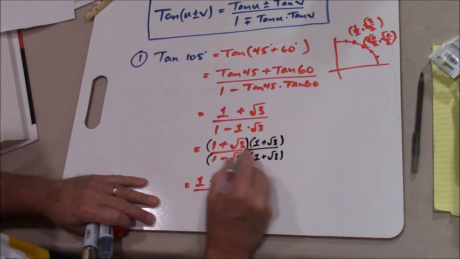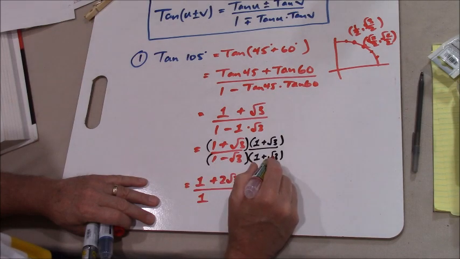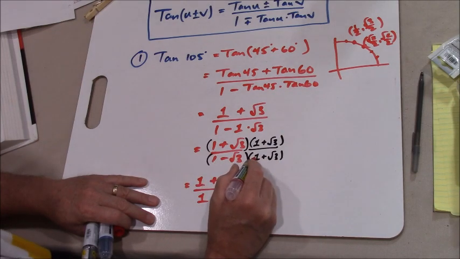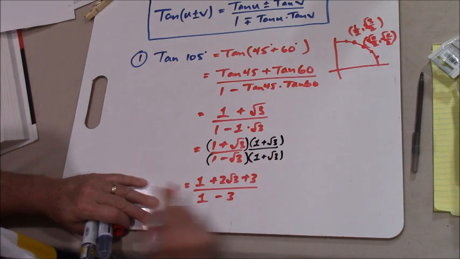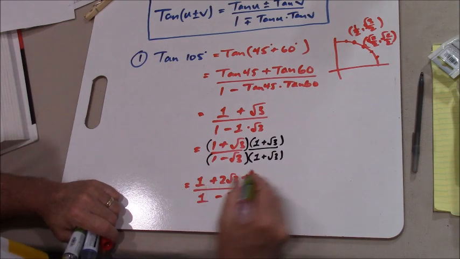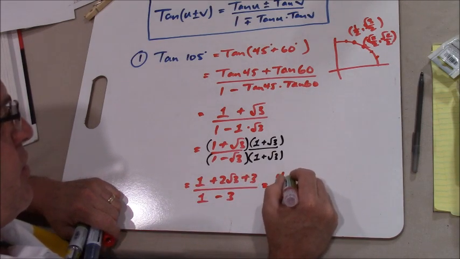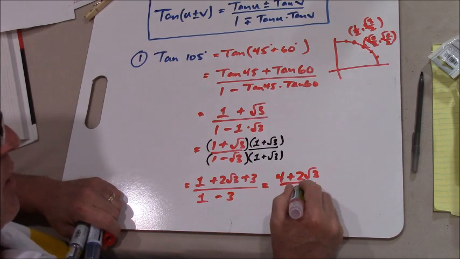In the denominator I get 1 plus root 3 minus root 3, those add up to 0, and then minus 3. So that equals 4 plus 2 root 3 over a negative 2.